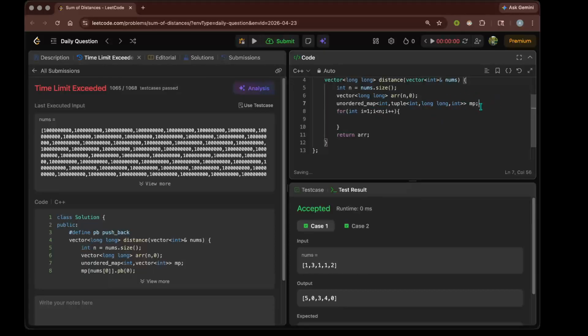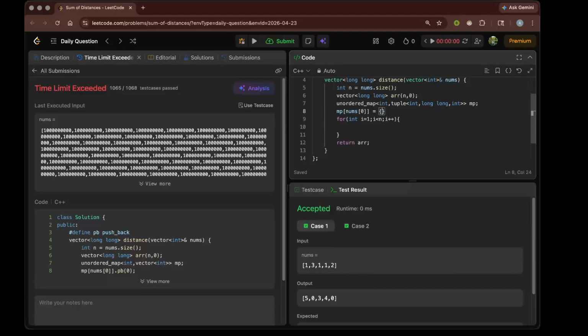Zero for the zeroth element, mp of nums of 0 is a tuple. I think we should do make pair or something. Let's not think about it now.